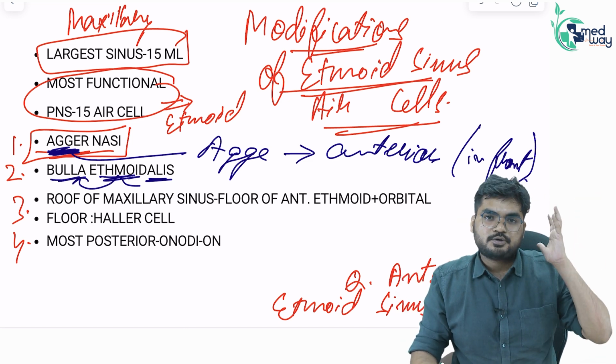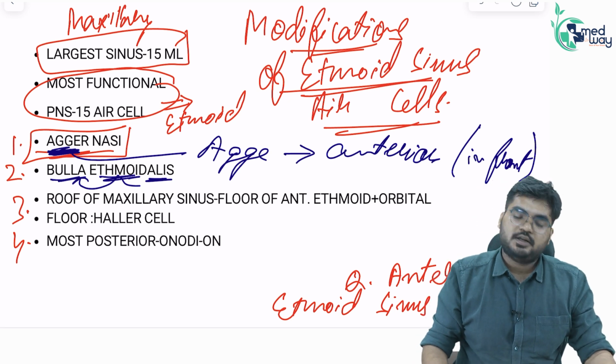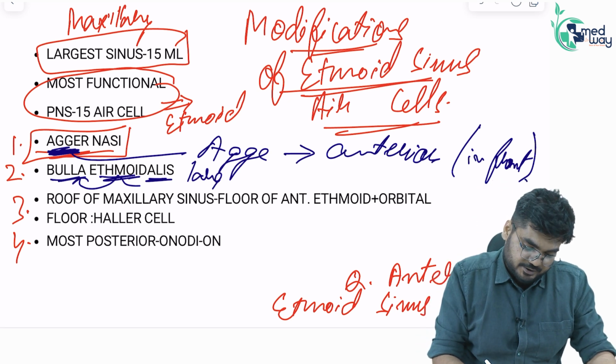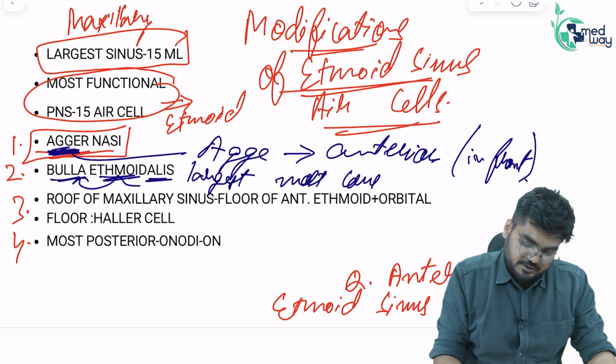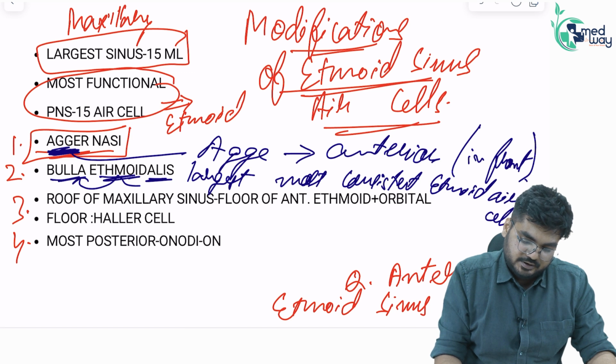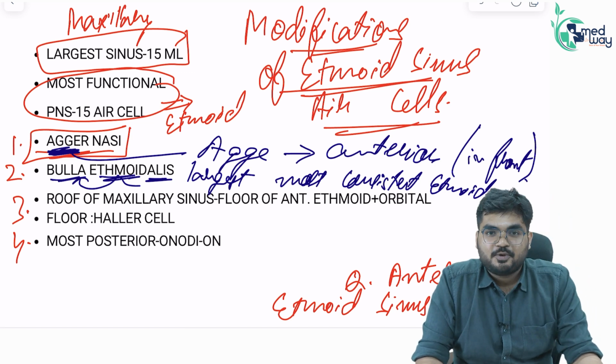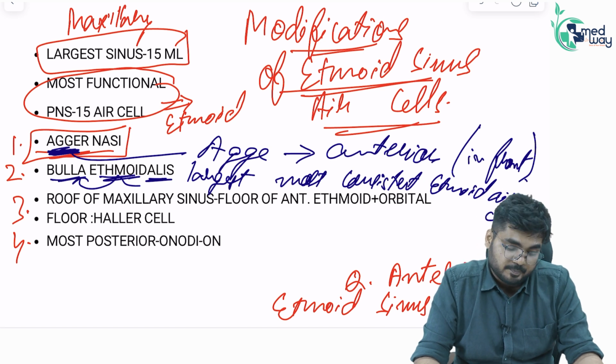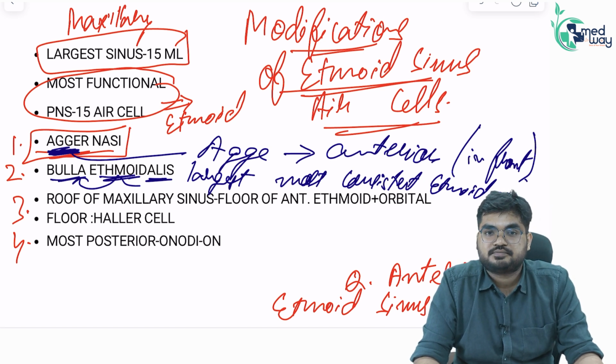The largest, most consistent ethmoidal air cell is none other than your bulla ethmoidalis.